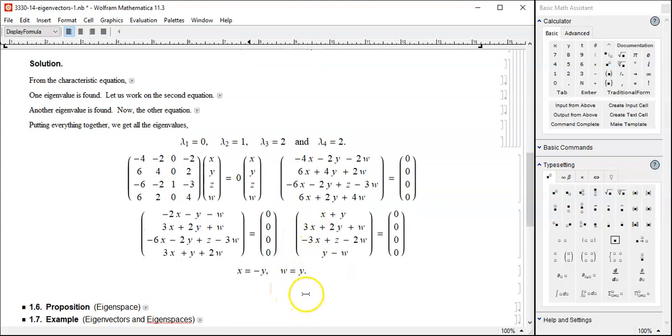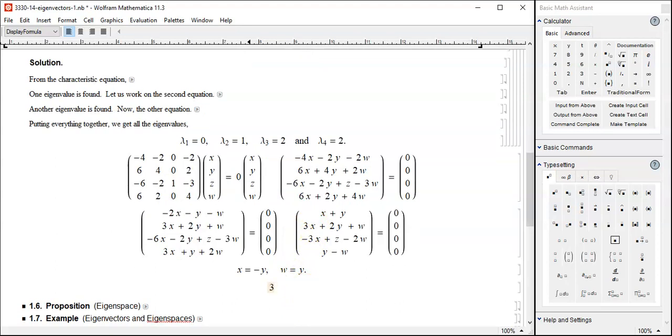Let's see. 3x plus 2y plus w equal to 0, minus 3x plus z minus 2w equals 0. And let's see, x is equal to negative y. And then w equals y. Okay, and then how about this one? x equals negative y.